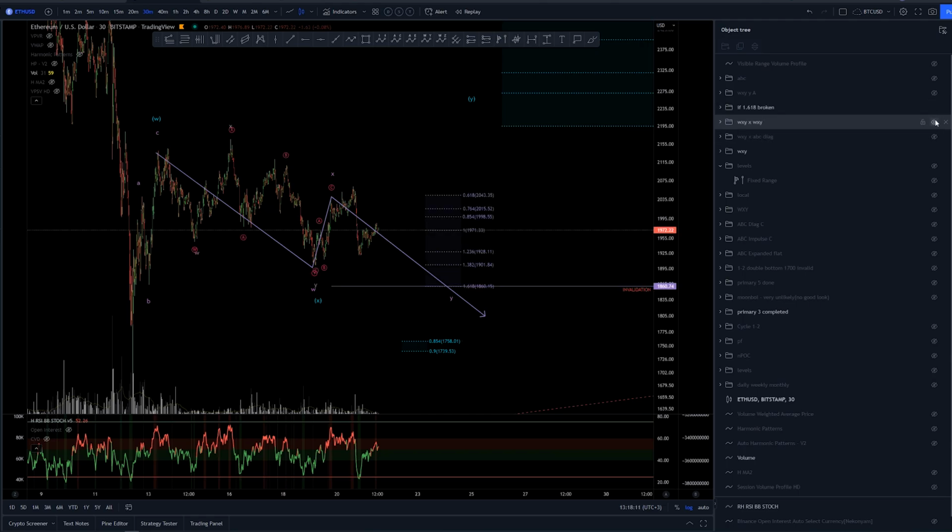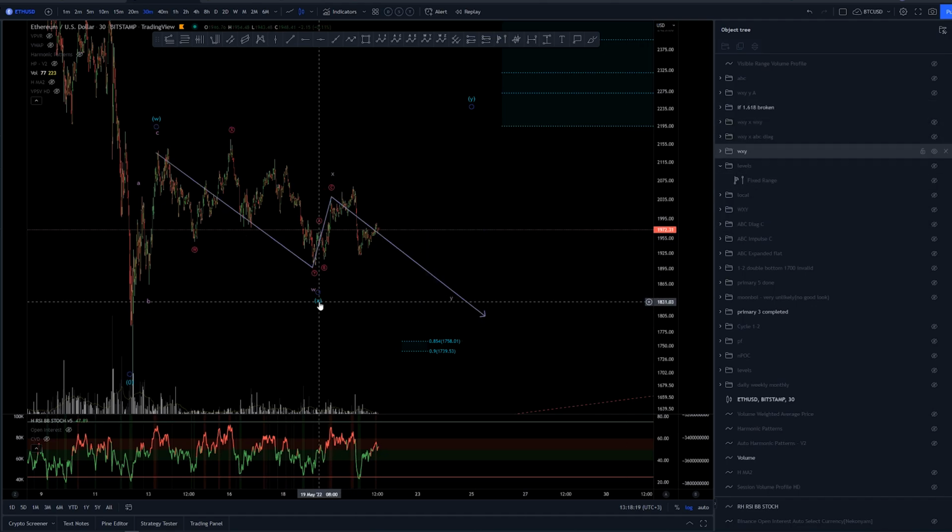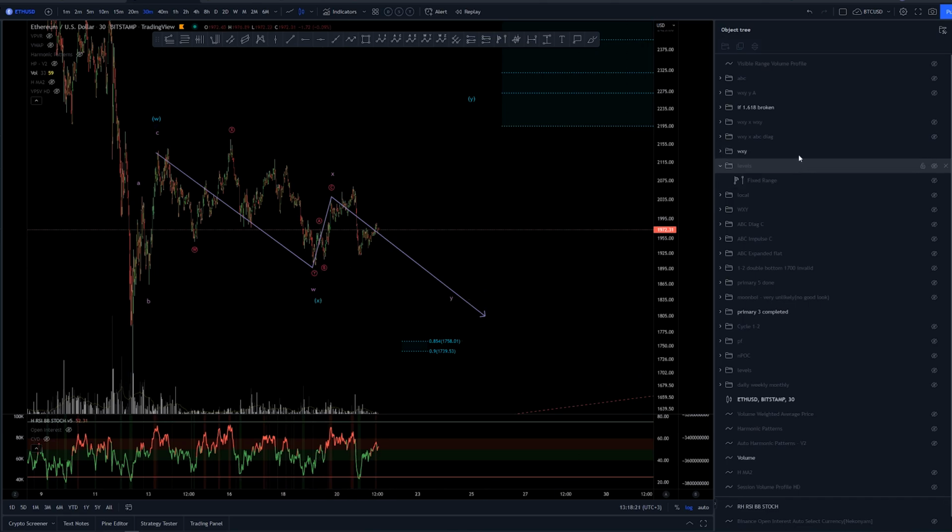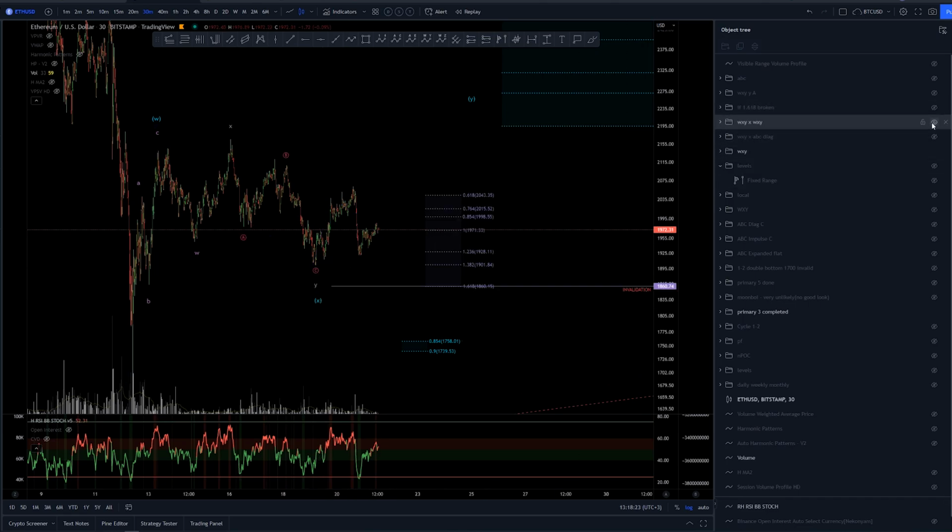Now overall, if we do get below this, where do we have it? I don't have it here. Just hold on. Okay, I'll explain it through this chart. If we reach this invalidation level of 1.618, we would need to consider something else here.